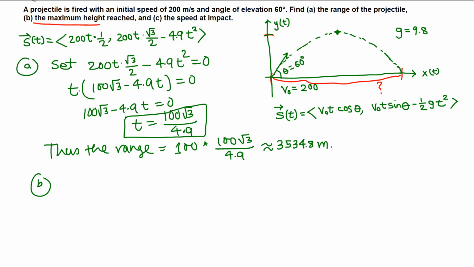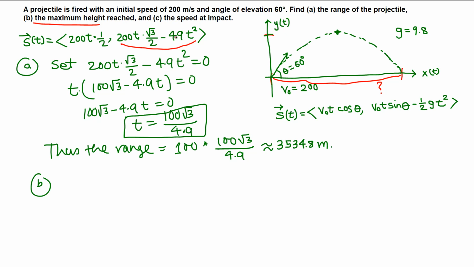Or we can differentiate this y component. This is position, so this is a vertical component, and if we differentiate this, we get the vertical component of velocity. Position derivative means velocity, and we can set the derivative equal to 0 and solve for t, because at the maximum height the velocity is 0.